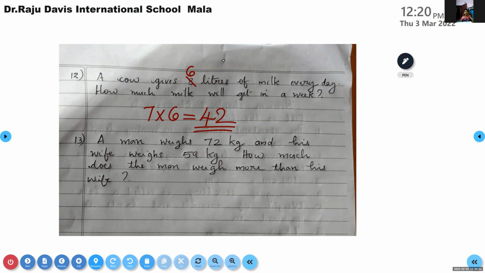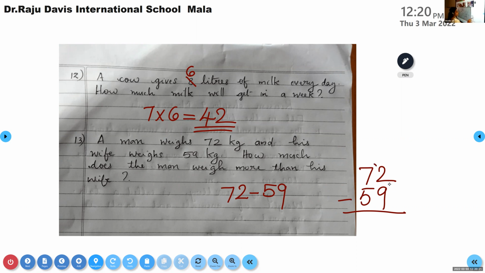72 minus 59. You can do it by the side. 72 minus 59. Here 2 minus 9, is it possible to subtract?